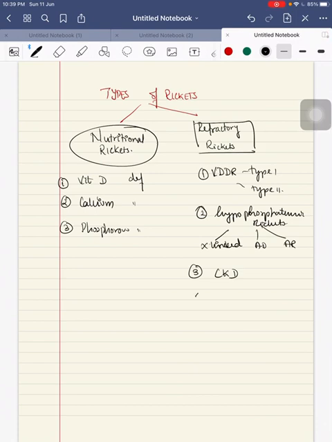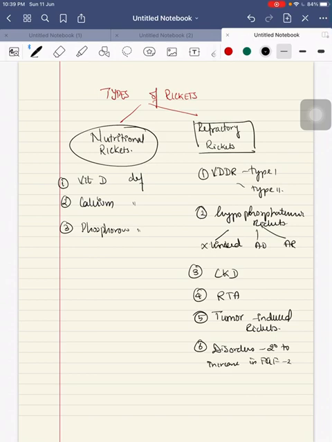It can be due to chronic kidney disease, renal tubular acidosis, or tumor induced rickets, or when there is a disorder secondary to increase in fibroblast growth factor 23. Okay, these are the types of rickets.